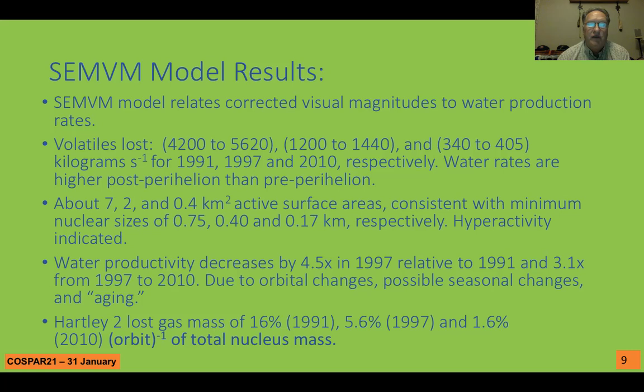So the first numbers pertain to 1991, the second number 1997, 2010 for the last number. You can see again, there's a decrease as we go from apparition to apparition.